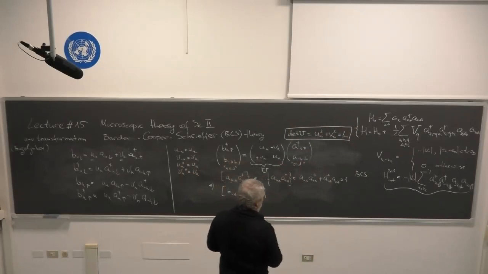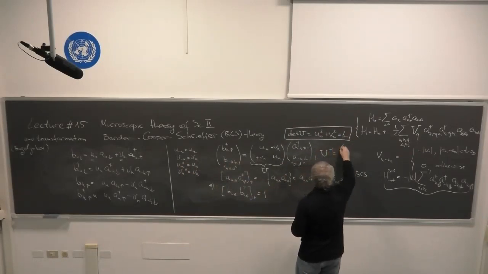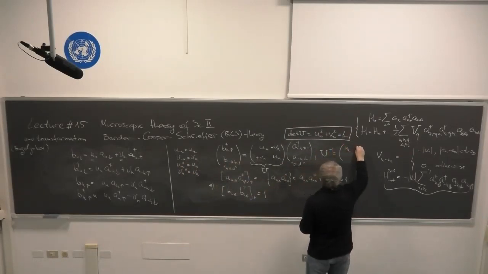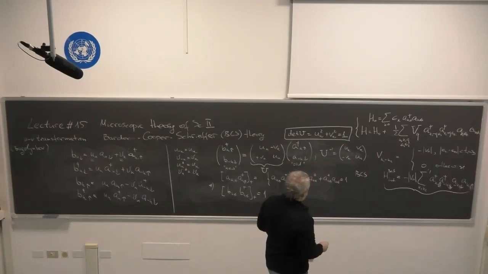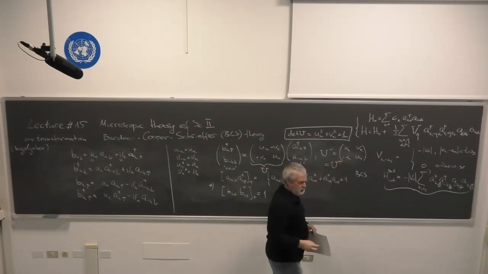I can therefore compute the inverse matrix. U minus 1 is equal to u_k, v_k, minus v_k, u_k. And you see that the matrix U minus 1 is equal to U transposed. So this is not only a unitary transformation, but also an orthogonal transformation.